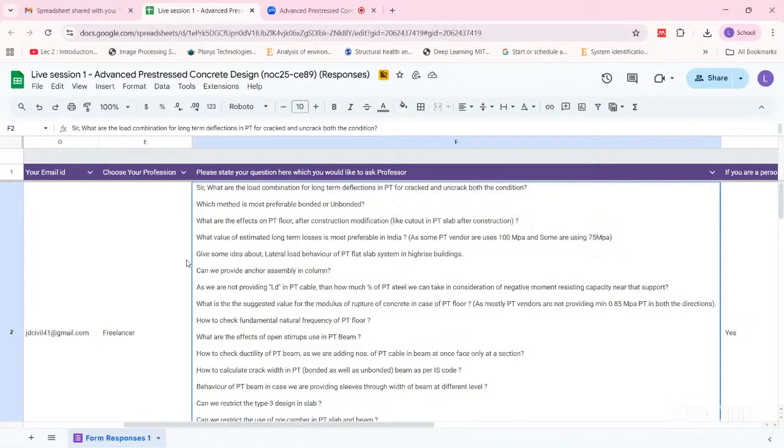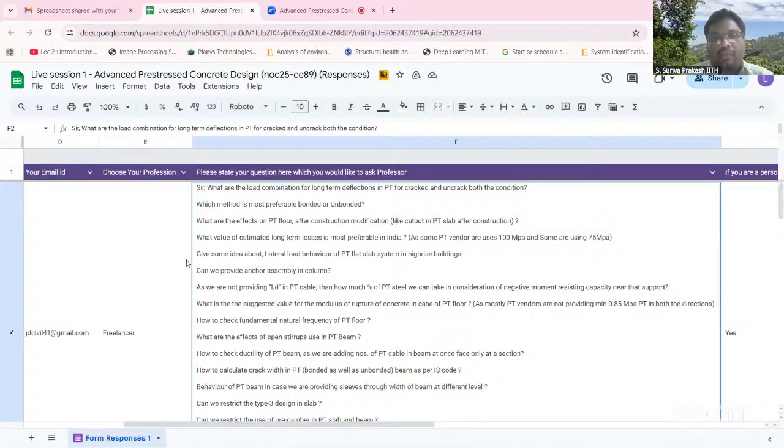They are using Euro codes, ACI provisions, and the calculation for steel structure floors, the formula based on steel structure, and they are providing it for calculation of the frequency for PT structure. So, is there any special calculation for the PT member?